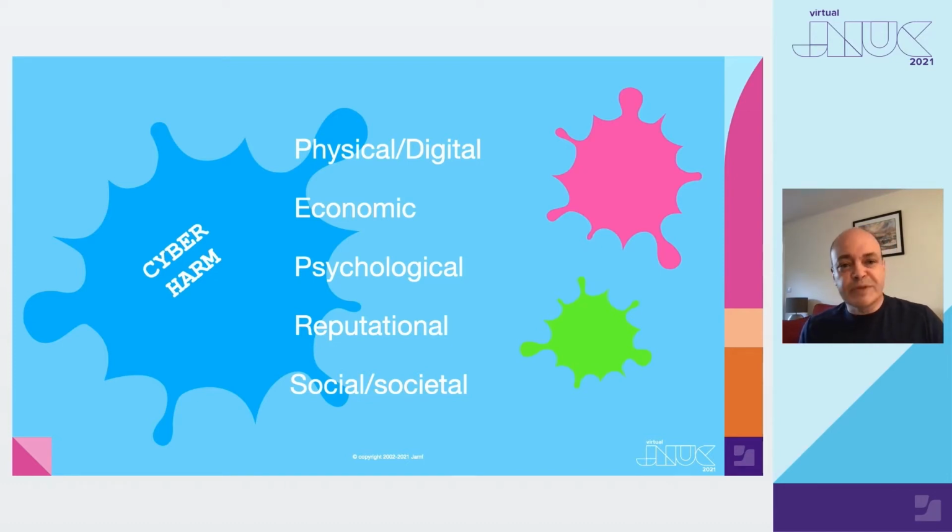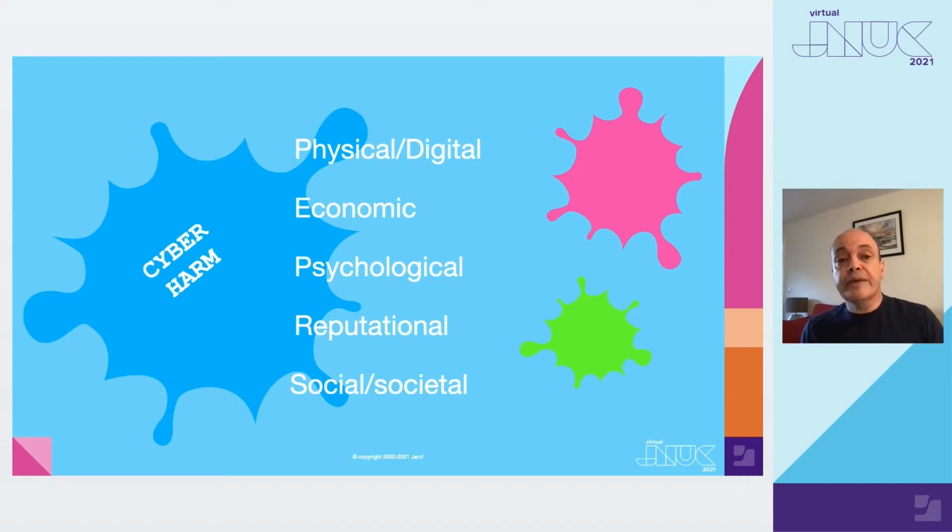Each category contains specific outcomes that underline the serious impact cyber attacks can have. For example, under the physical and digital category, there's the loss of life or damage to infrastructure, while the economic category lists impacts such as a fall in stock price, regulatory fines, or reduced profits as a possibility.